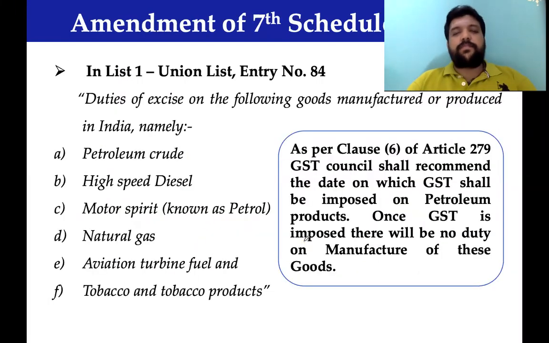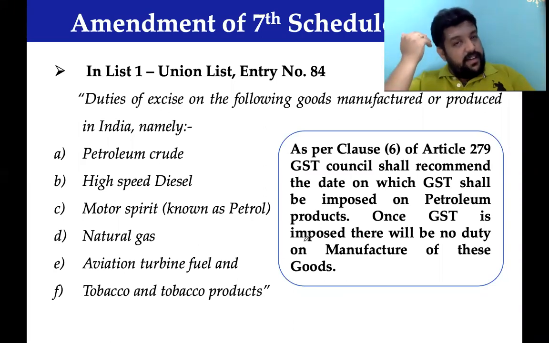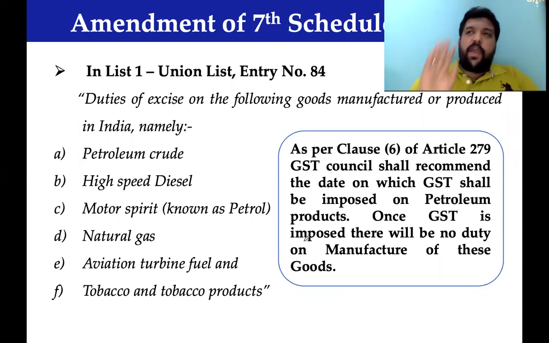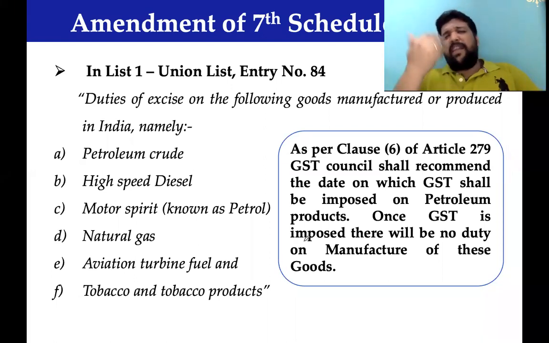Moving forward, once GST is implemented, government has pulled all the goods into GST except one. Sir, alcoholic liquor? No, alcoholic liquor is not liable to GST. One goods that is liable to GST, but they never brought into GST.